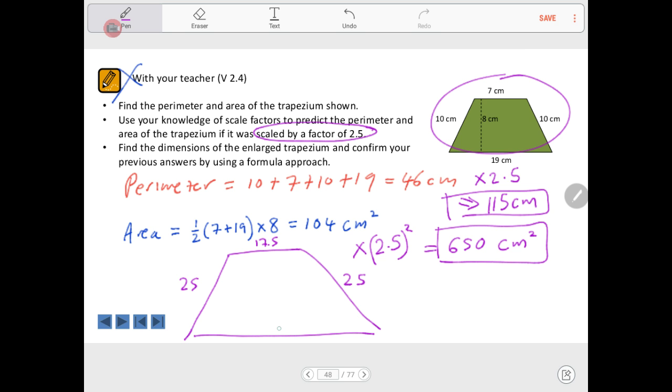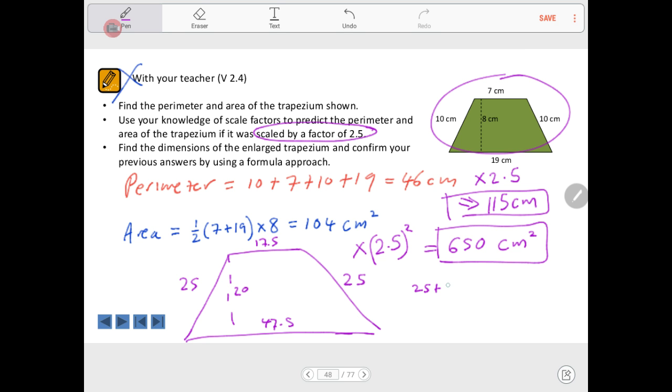And 19 times 2.5 along the bottom is 47.5. And up through here, the new height is 20. So to confirm this, if we added all these side lengths up, would we get 115?